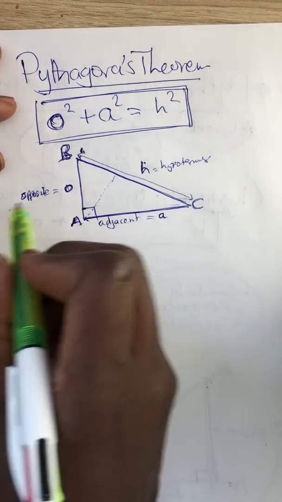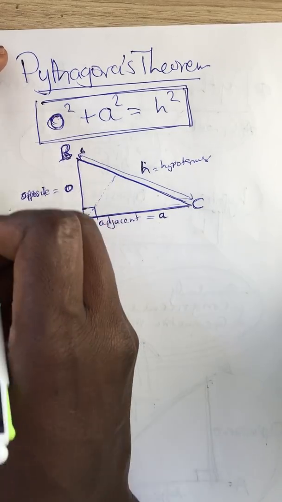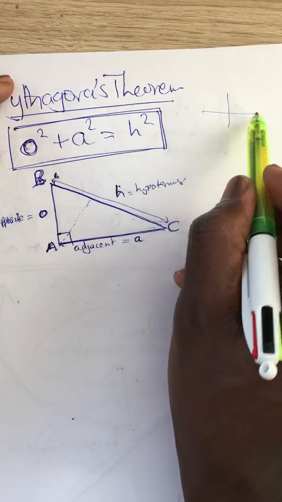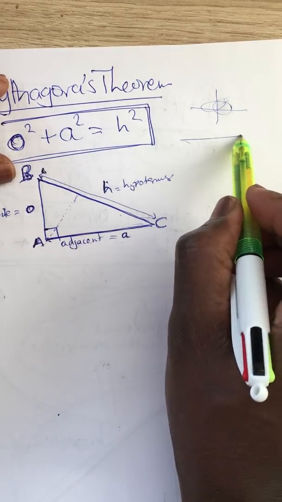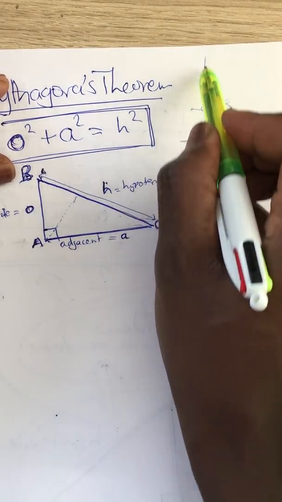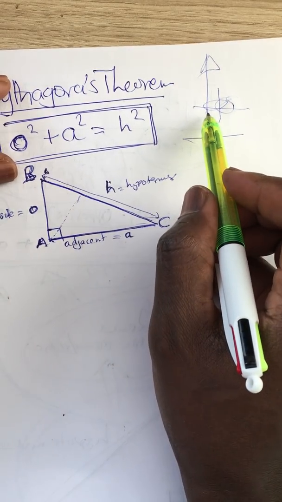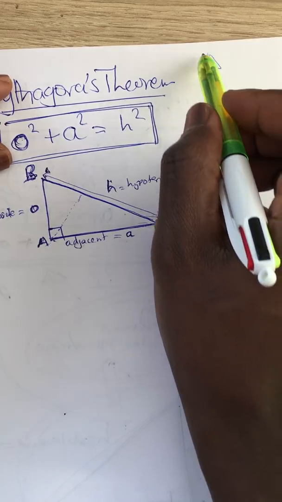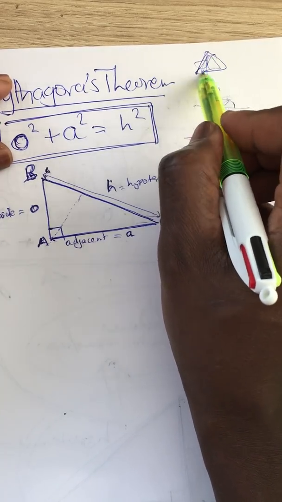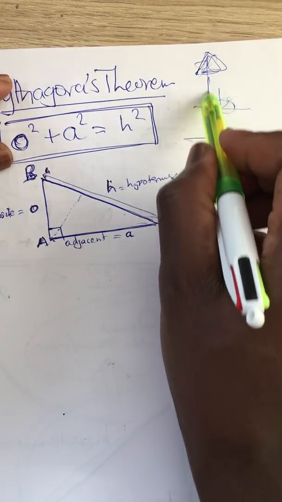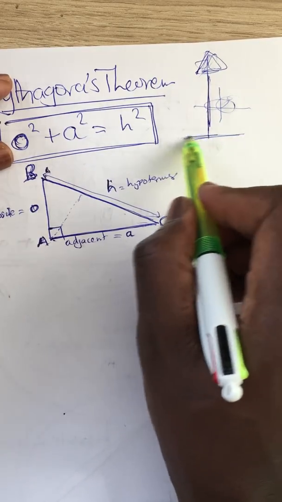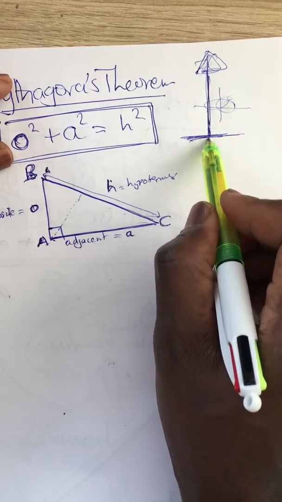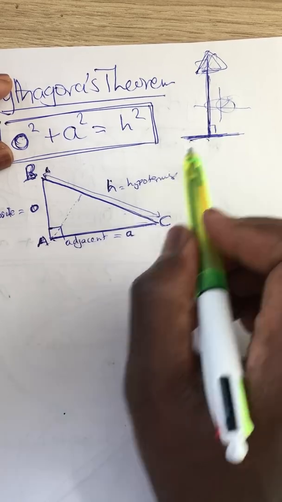You can imagine an altitude like going high, like you have a horizontal line and you want to see how high something can go. If you watch my video on the different types of lines, you will find a lot of information about altitudes. So it always intersects a horizontal segment at a right angle.